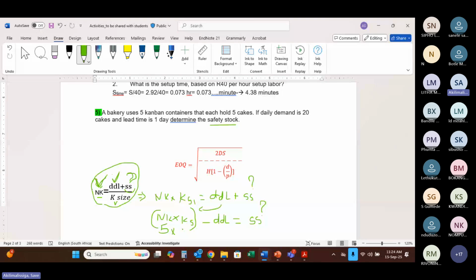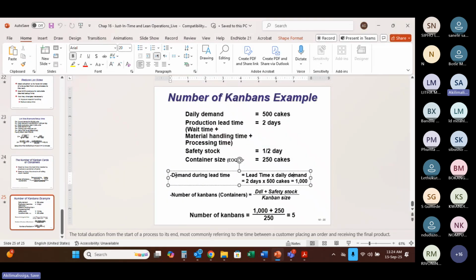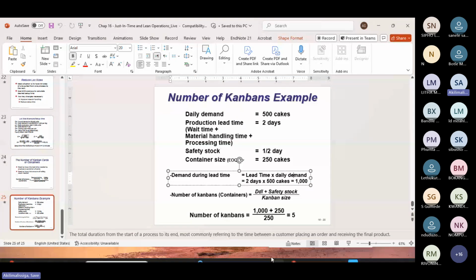So Kanban size here is 5 cakes. This is its capacity, minus demand during lead time. We know that demand during lead time is equal to lead time multiplied by the daily demand. According to the formula, demand during lead time is lead time times daily demand.